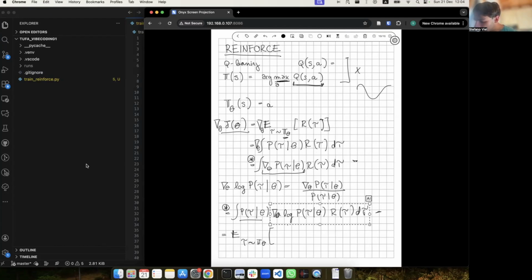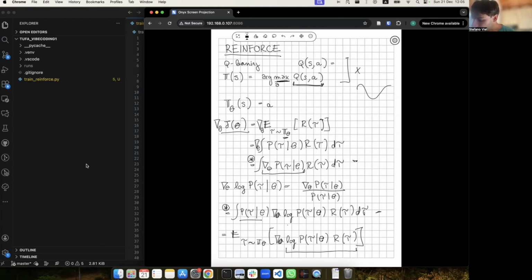And now we can apply our Monte Carlo sampling method to this. The way we would do it would be by just taking samples of this and then taking the mean.